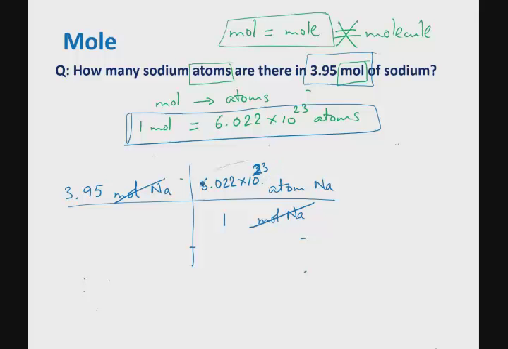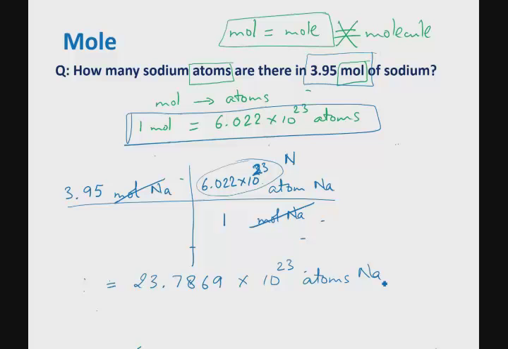Instead of writing 6.022 times 10 raised to 23, you could also write uppercase N, because uppercase N, Avogadro's number, is equal to this number. When you calculate this out using a calculator, the calculator answer comes out to be 23.7869 times 10 raised to 23 atoms of sodium.